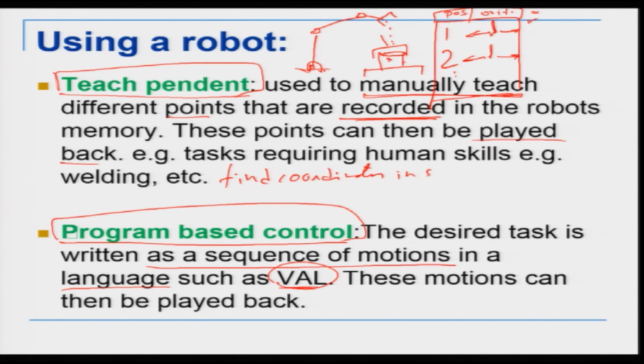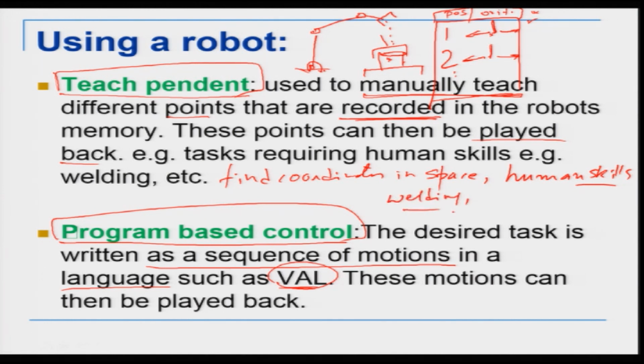Because if you do not know the coordinate, then the only way you can find it is to use the teach pendant and take the robot there. This is one application where it is used. The other application is where we need human skills, for example, welding.